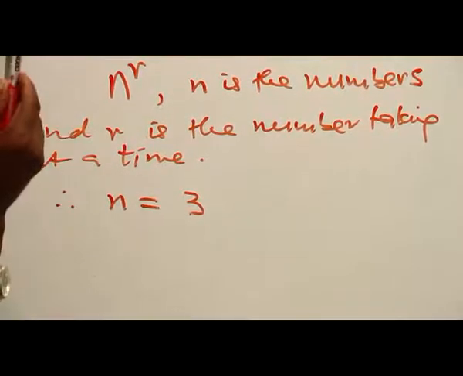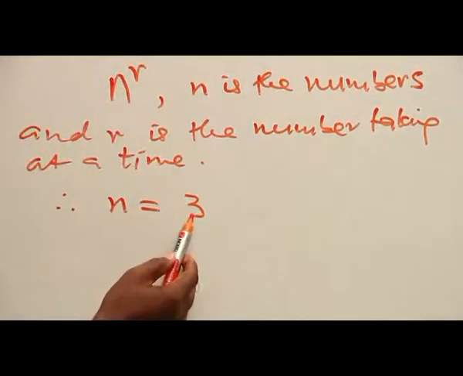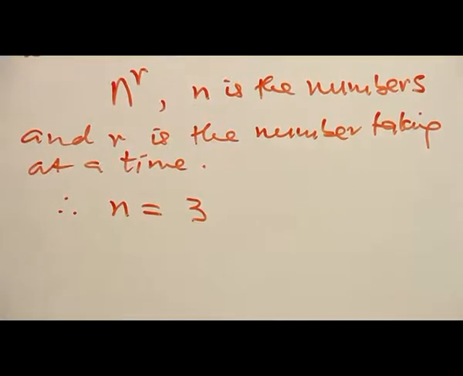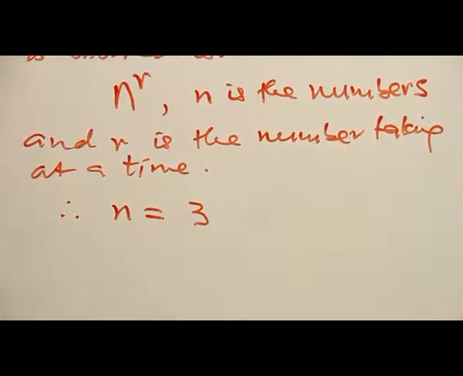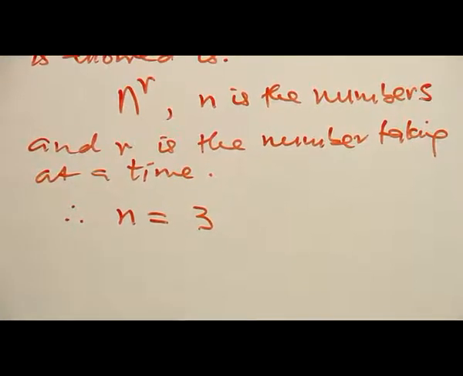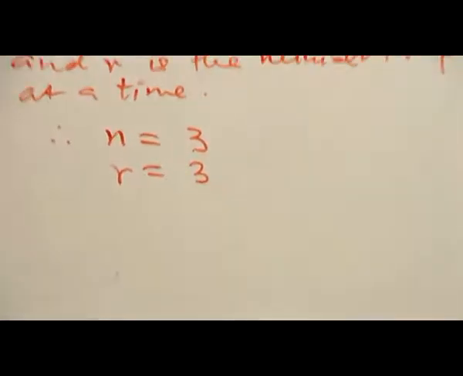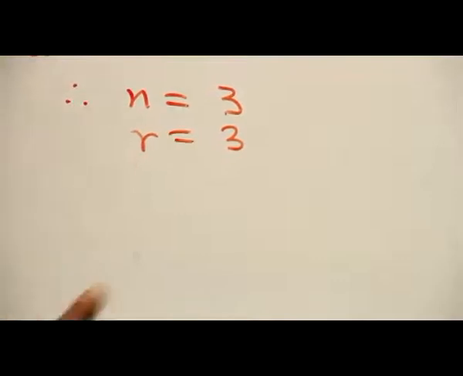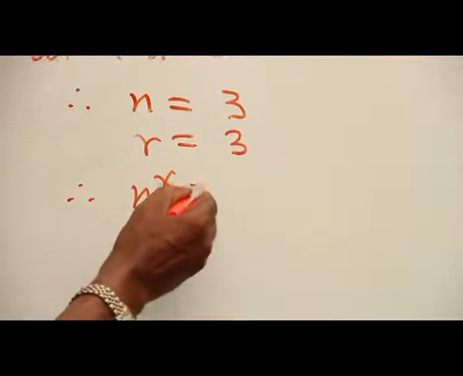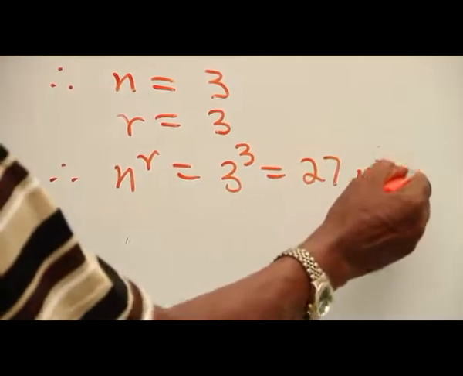Not because there's a 3 here, there are 3 numbers, 3 digits. Then we are told any digit can be used more than once. How many 3-digit numbers? We are taking 3 digits. So our R is equal to 3 because we are taking 3 digits at the same time. Therefore, n raised to power R is equal to 3 raised to power 3, and then it is 27 ways.